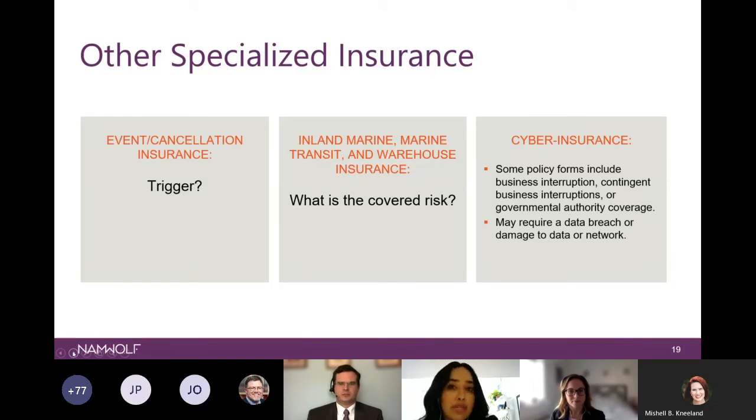With the specified risk policies, the insured will likely bear the burden of proving that the loss was caused by one of the enumerated risks. However, not all event cancellation insurance policies limit coverage to a particular peril.